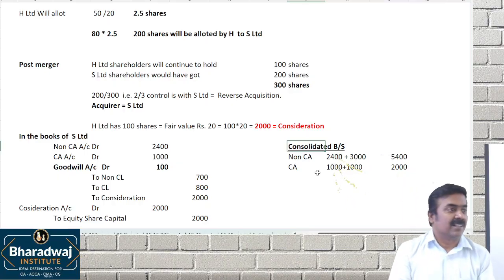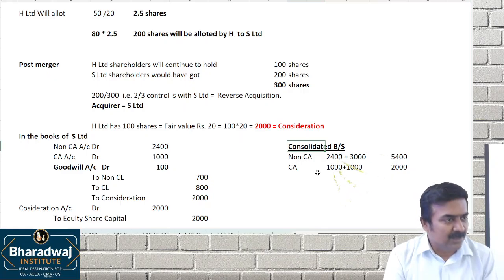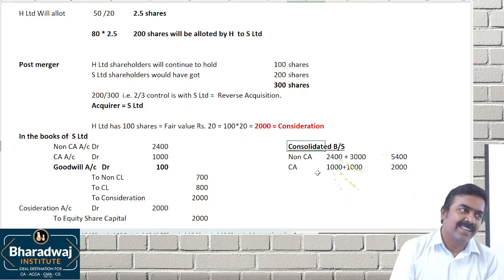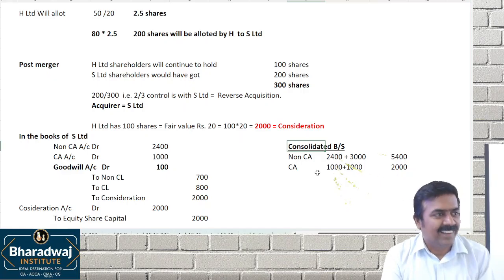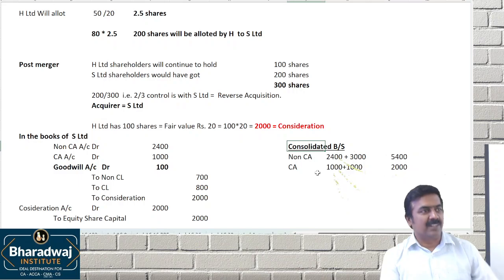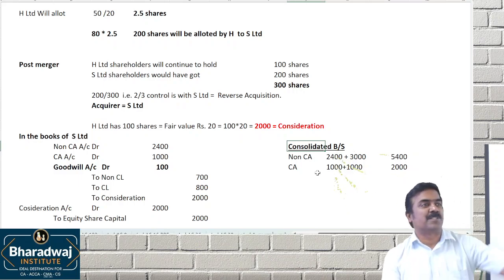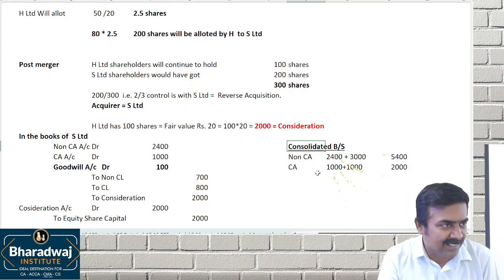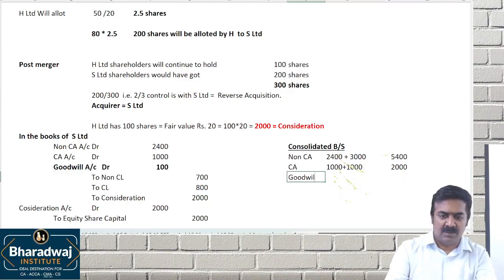Because who's the acquirer? S is acquiring. That is H Limited's fair value. In the problem, it is reverse acquisition. Of course, in reverse acquisition the opposite party becomes the acquired. Goodwill.